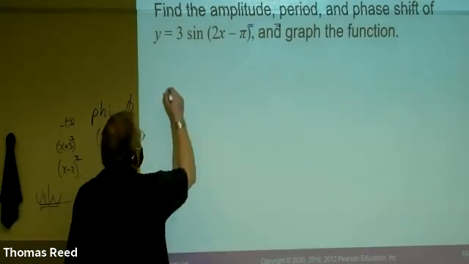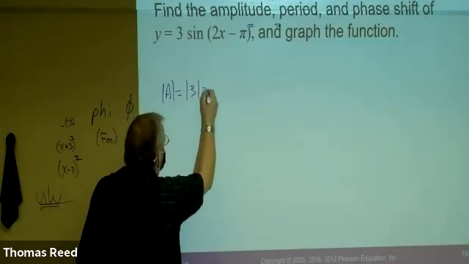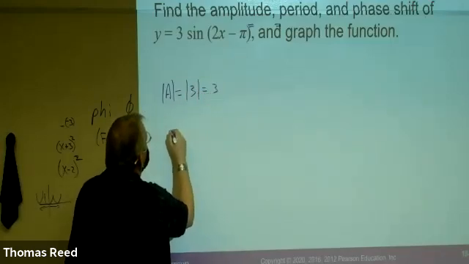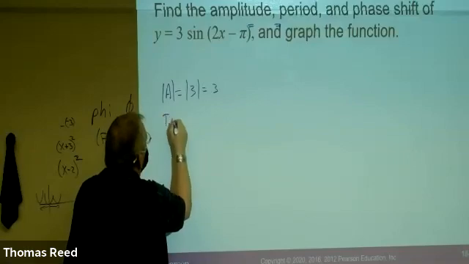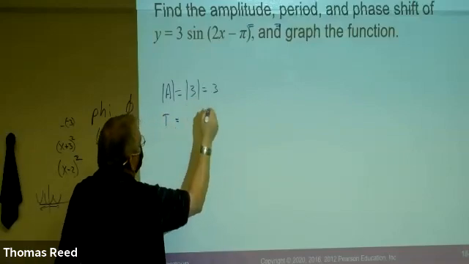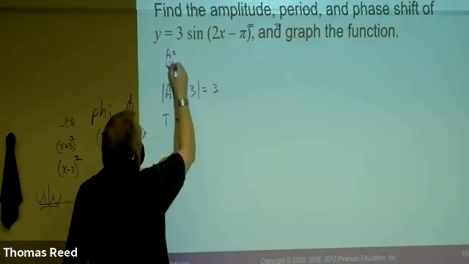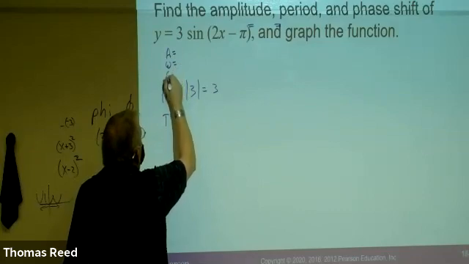Find the amplitude, period, and phase shift. So the amplitude is the absolute value of 3, which is 3. The period, well, first thing to identify here is what is A, what is omega, and what is phi.